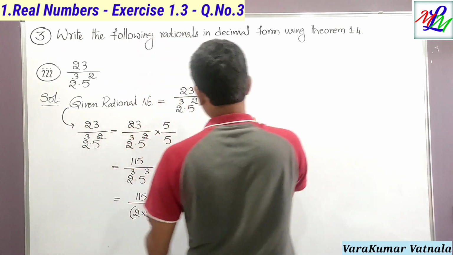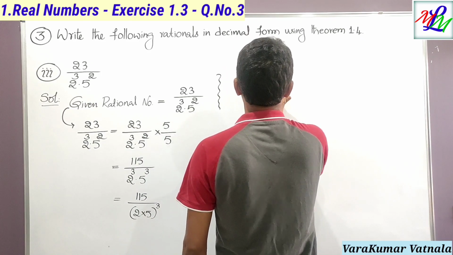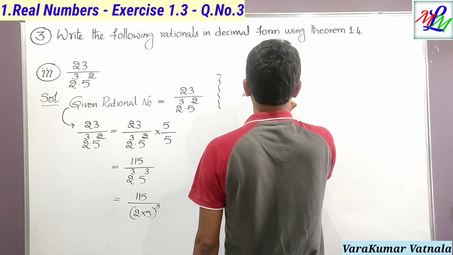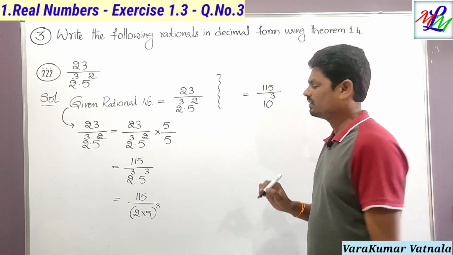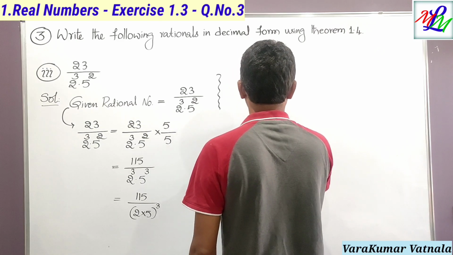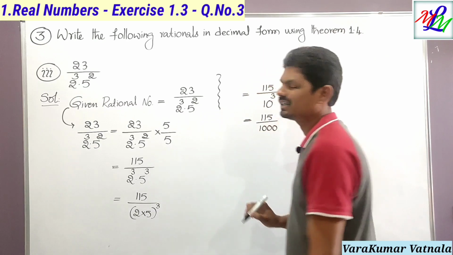See student, it is 115 divided by 2 into 5 is 10 to the power 3, very easy now. So 115 divided by 10 to the power 3, which is 10 into 10 into 10, we get 1000.